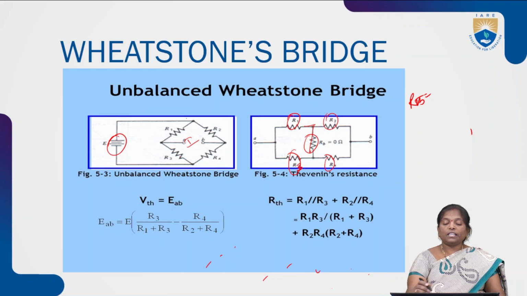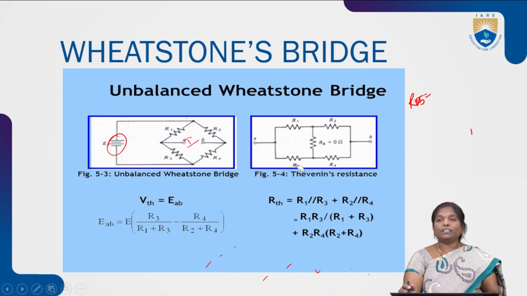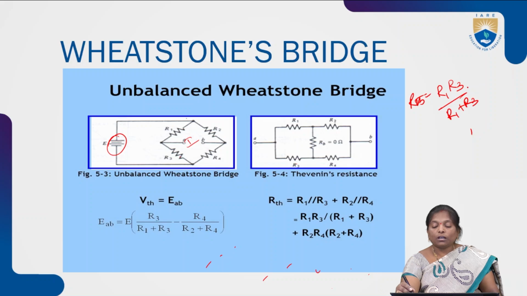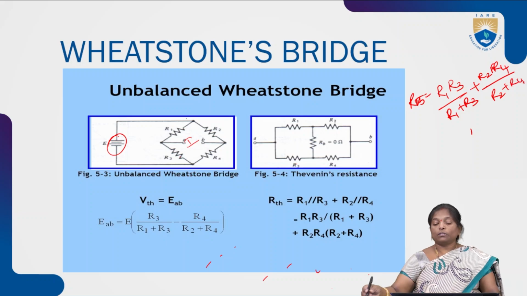So we can represent it like this. If R1, R3 are in parallel with each other, then we have R1 into R3 by R1 plus R3, which is in series with the parallel combination of R2, R4, that is R2 into R4 by R2 plus R4.